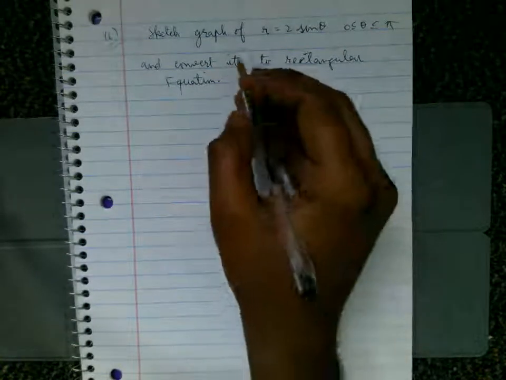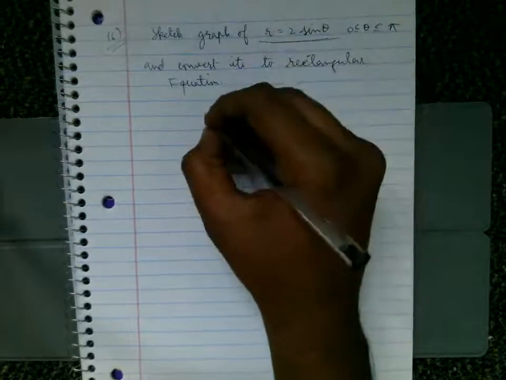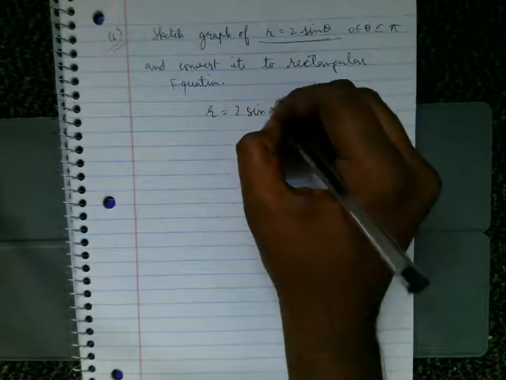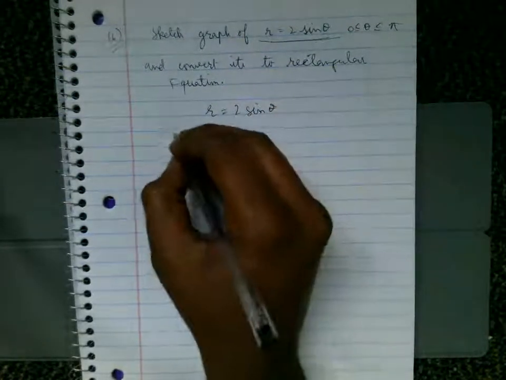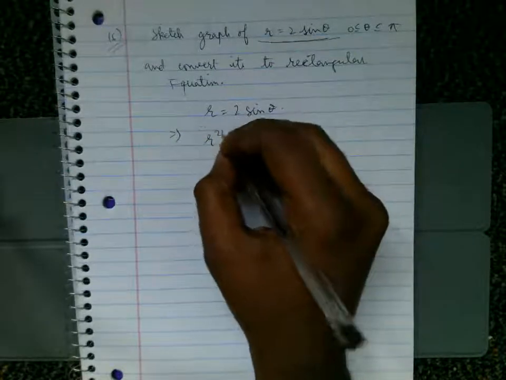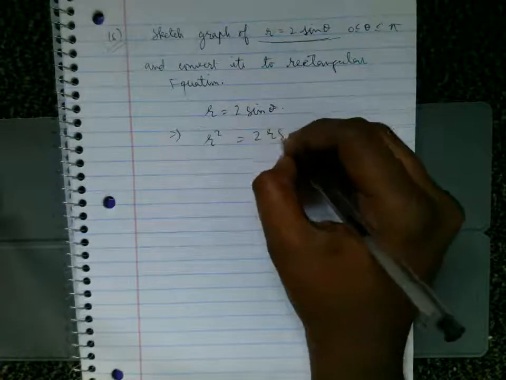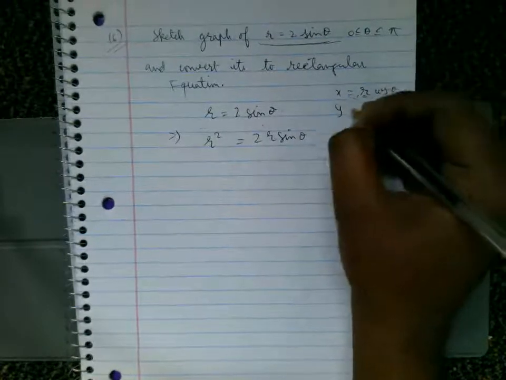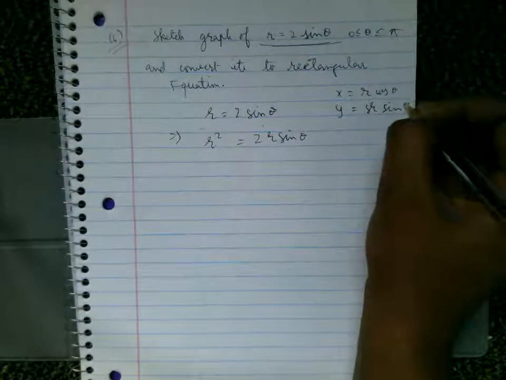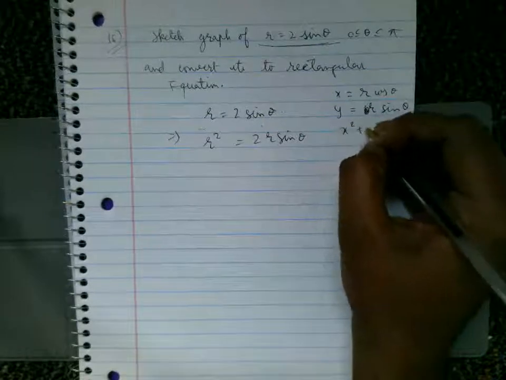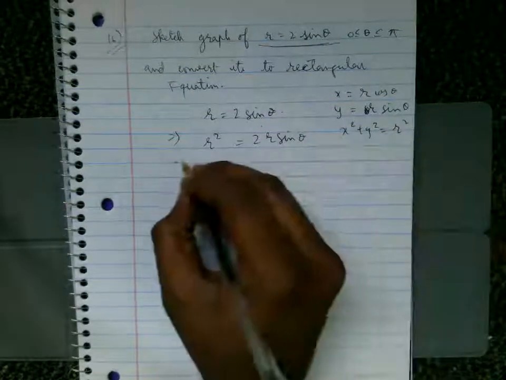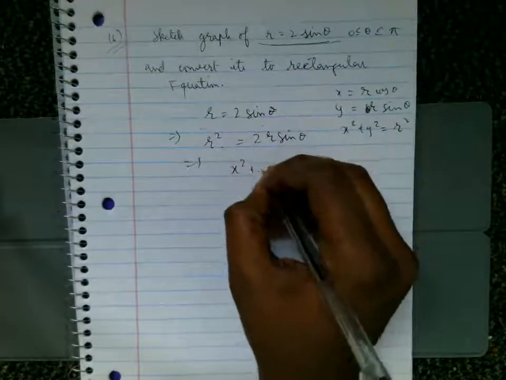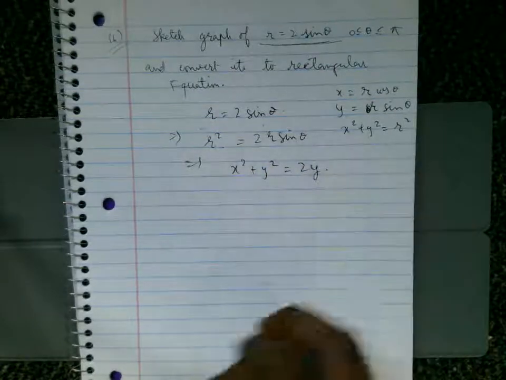So now let's look at another example. Here you want to sketch the graph of the equation r is equal to 2 sine theta. Here we have a common trick. You just multiply with r on both sides, and remember that x is r cos theta, y is r sine theta, and x square plus y square is r squared. So therefore it can be written down as x square plus y square is equal to 2y.